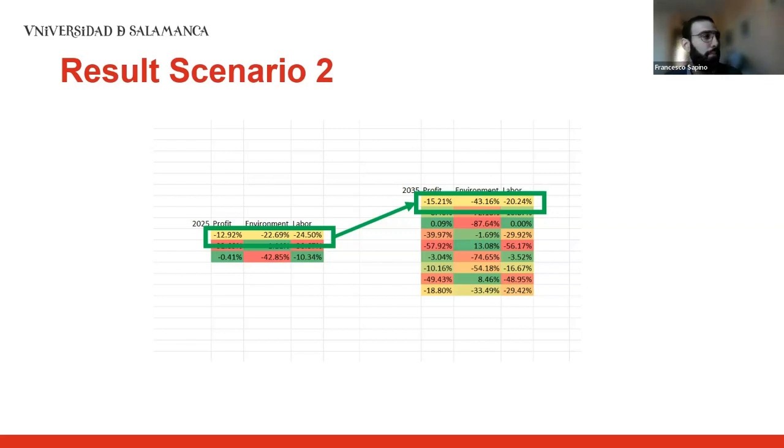Something that I probably didn't say before, this percent change, of course, in terms of profit and labor maybe are kind of obvious. So a decrease in the profit and decrease in the labor. In the case of the environment, we're using a proxy that is the environmental flow, so the water that is available for maintaining the minimum flow.